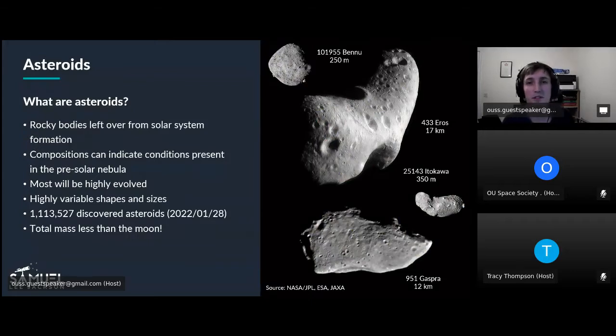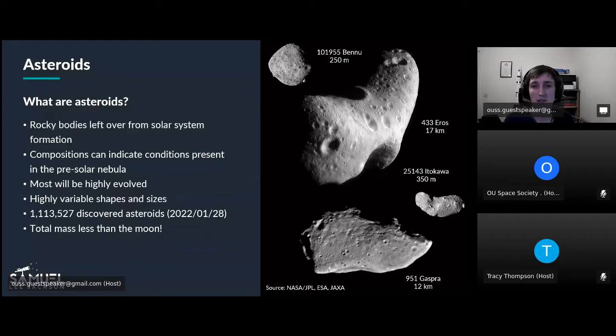So first, I'm going to begin with a very brief introduction to asteroids for those that may be unfamiliar. Asteroids are rocky bodies that are remnants of the formation of the solar system, or failed planets. They have very primitive origins, which means their compositions indicate what the conditions were like in the early solar system.